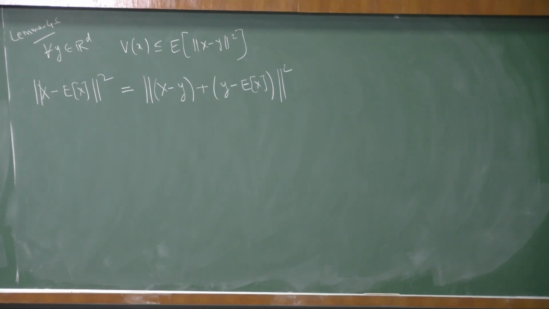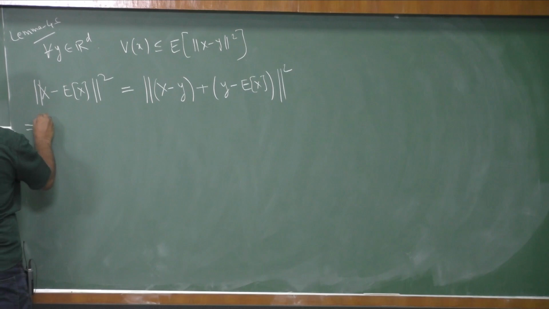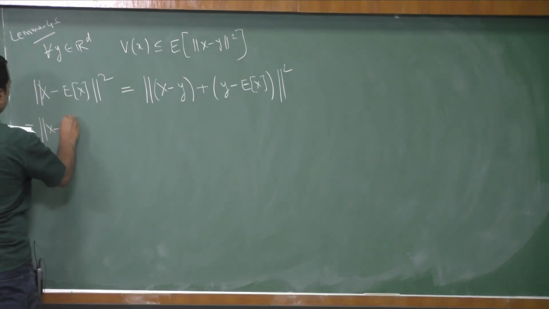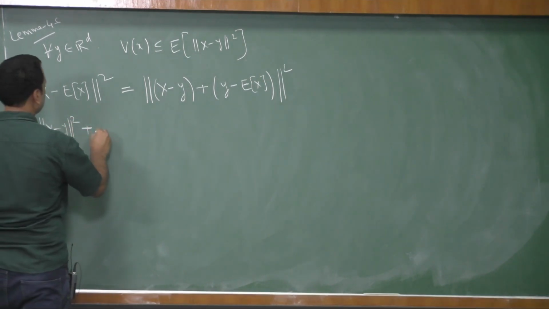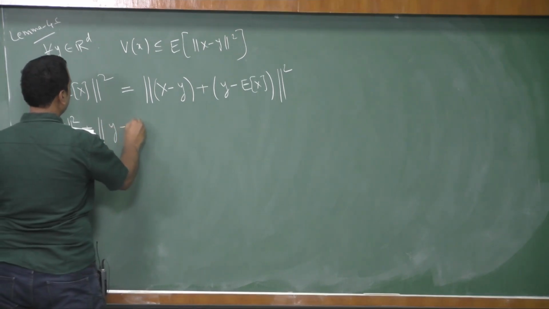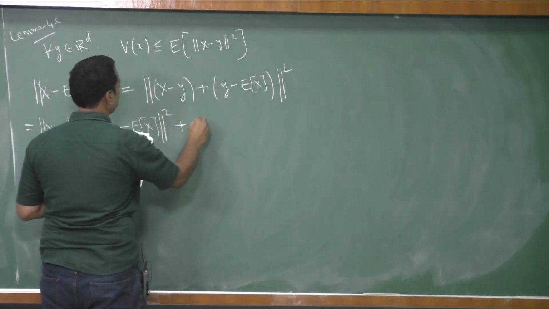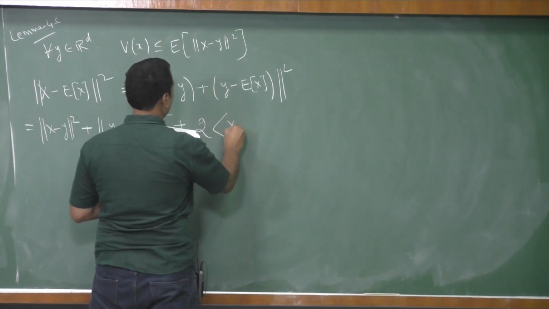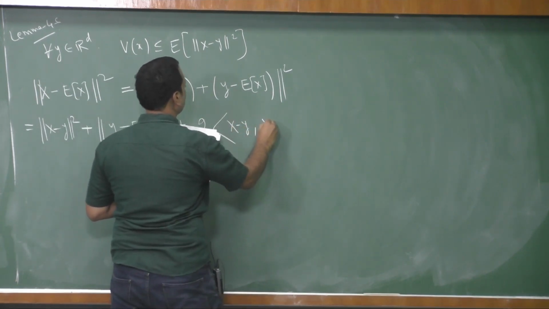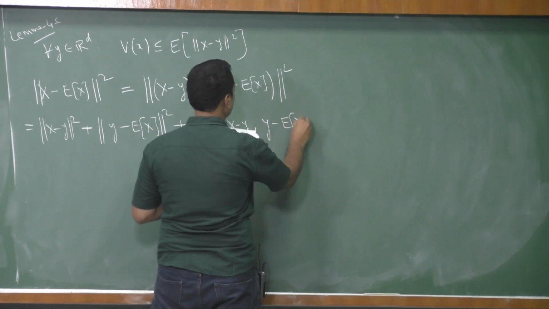Now we do this as a plus b whole squared. So this is norm of x minus y whole squared plus norm of y minus expectation of x whole squared plus 2 inner product of x minus y, y minus expectation of x.